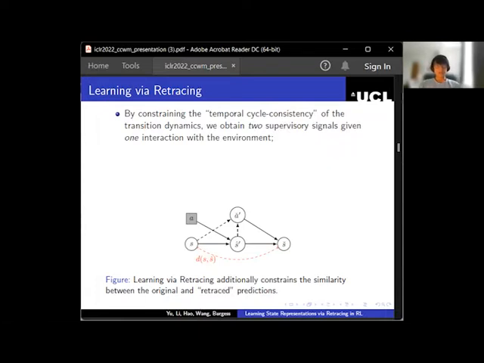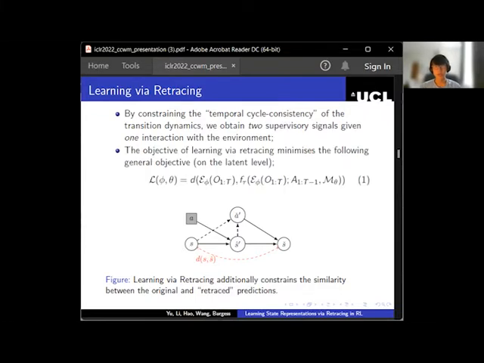Assuming a transition tuple is reversible, the representation space is trained by constraining the temporal cycle consistency of the reversible transition on the latent space level, i.e. the representations of the original states and the retraced predictive states are constrained to be similar. Hence, in addition to the standard predictive reconstruction using forward rollouts and forward transitions, we obtain an additional supervisory signal from the pseudo reverse transitions without any additional interaction with the environment.